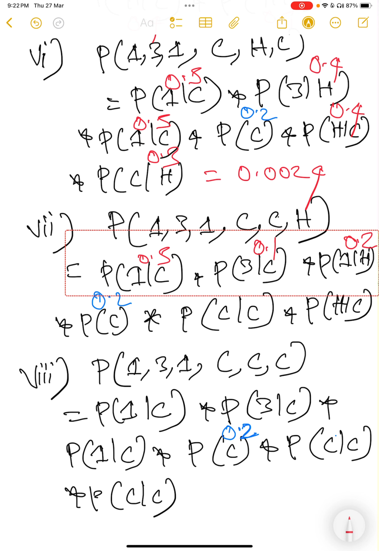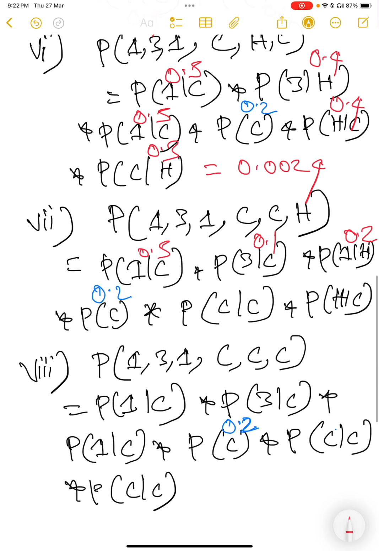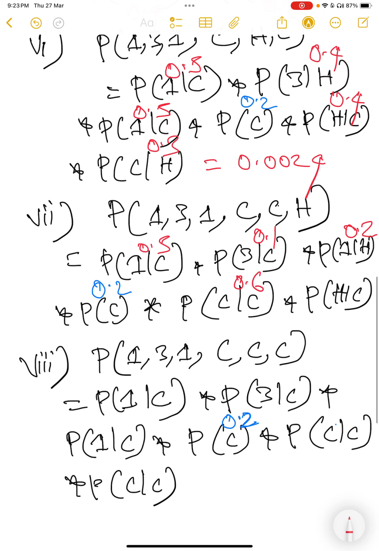And now what is going to be C given C? It is already done, we got this 0.6, and H given C is 0.4. So substituting values we get 0.5 into 0.1 into 0.2 into 0.2 into 0.6 into 0.4, which is 0.0048.